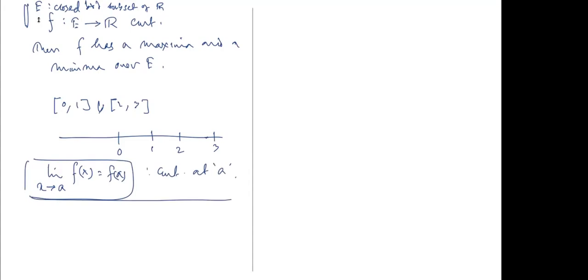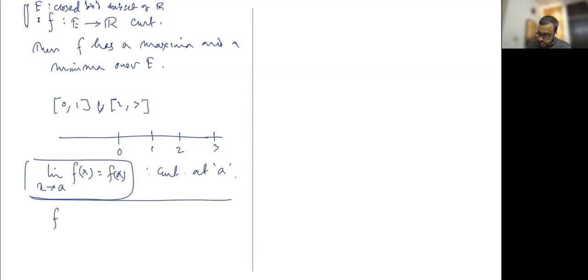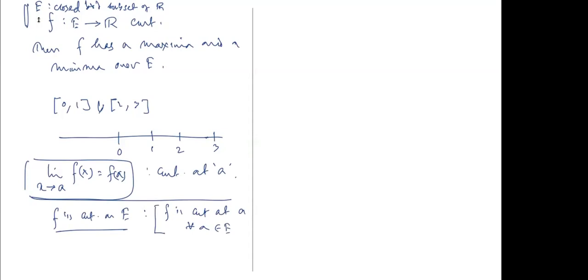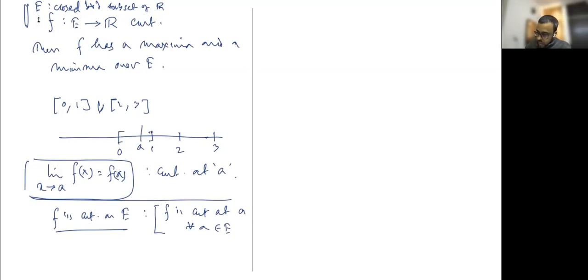And by definition, you say that f is continuous on a set E if f is continuous at a for all a in E. That means you have to have continuity at all a's in this interval and all a in this interval, because the union is your set E.